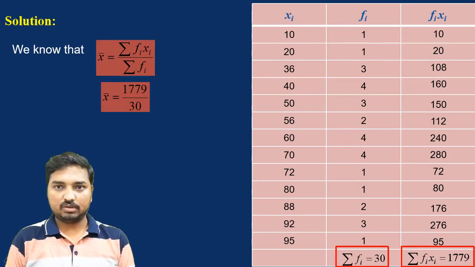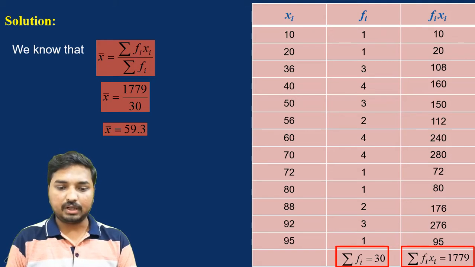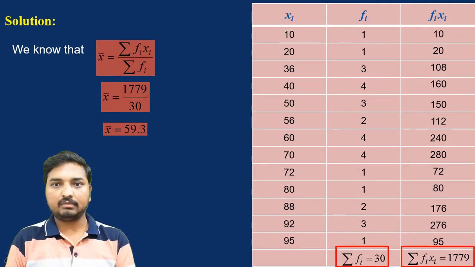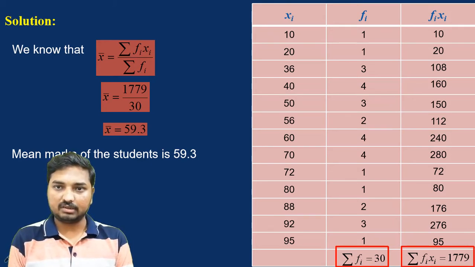On substitution you will get 1779 divided by 30. On division you will get X bar is equal to 59.3. That's why the mean marks of the students is 59.3, and this completes the solution.